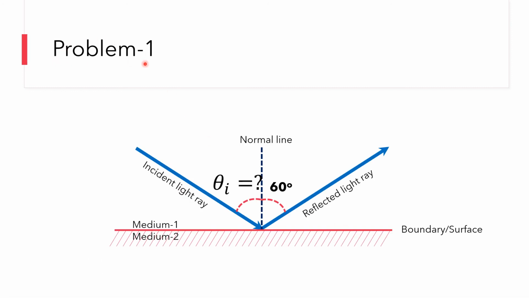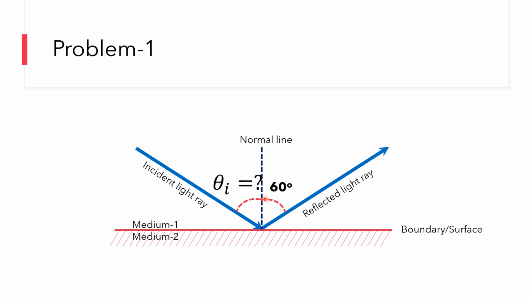Let's do a problem based on reflection of light. Based on the first law of reflection, a light ray is incident onto a surface. This is the point of incidence, and it is reflecting in this direction.